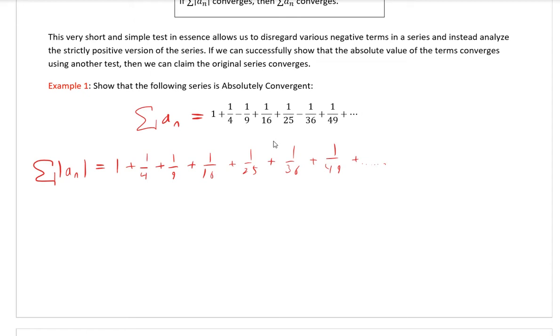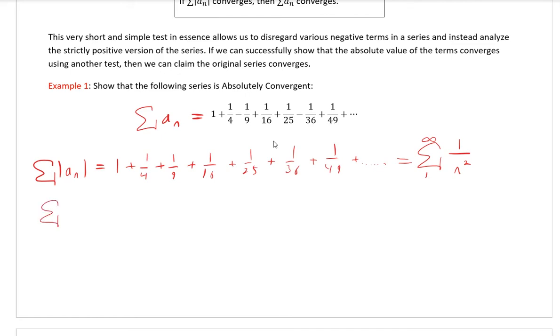I noticed the denominators are just squared numbers. This is actually just the sum of 1 over n squared from 1 to infinity. That's what this absolute value of a sub n is.